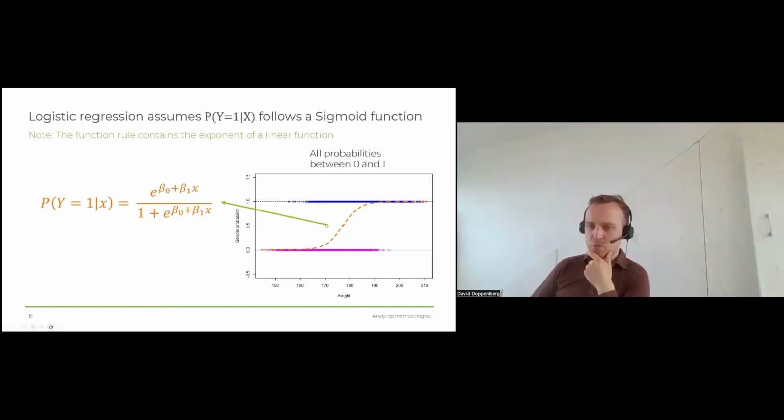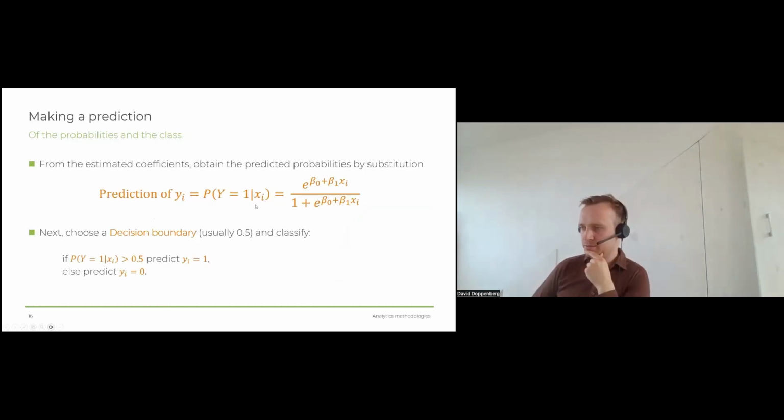So if we want to make a prediction using this function, you just need to fill in the value of your feature. Of course the algorithm will find the beta 0 and beta 1 for you, and then you can just fill in the x and you get a certain prediction probability. But again, it just gives you a certain number. In classification, we're not interested in prediction probabilities as outcome, because we want to know the label actually.